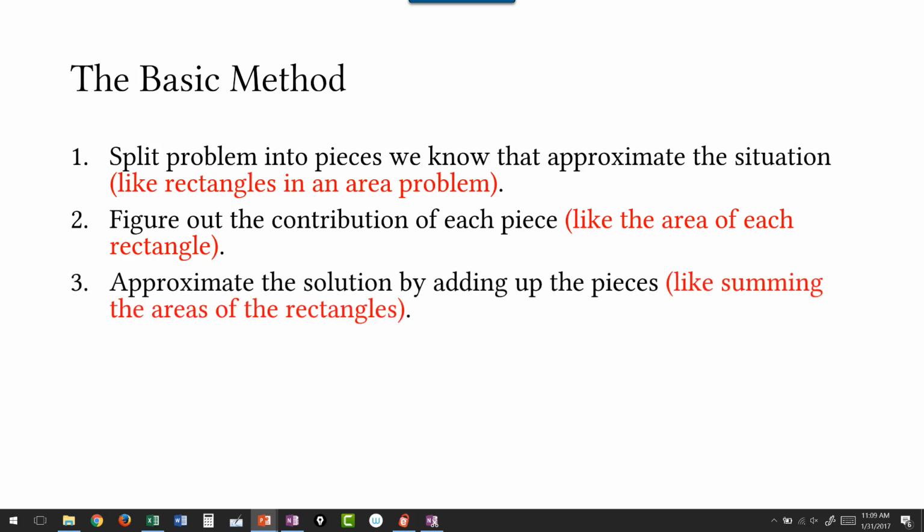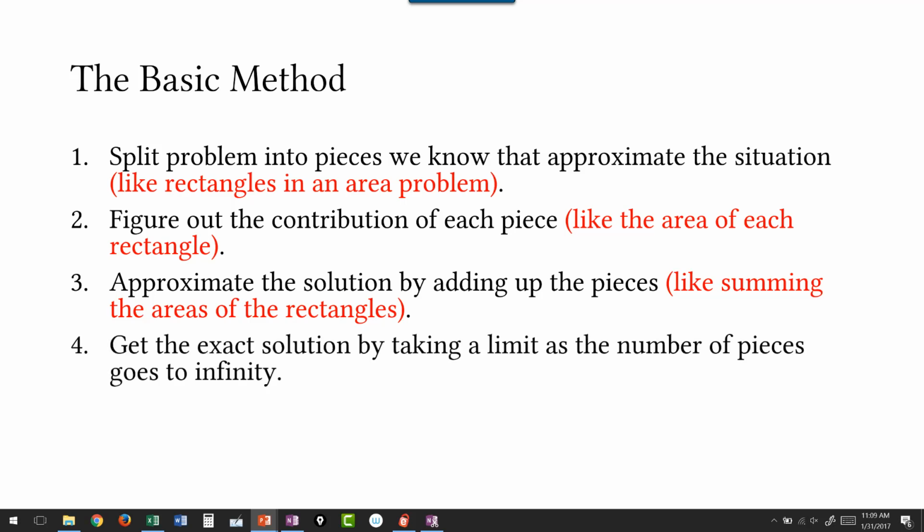Once we know how to find the contribution of each piece, like the area of each rectangle, we approximate our solution by adding up the contributions of all the pieces, just like we added up all the areas of the rectangles. Once we've done that, we know we can get an exact solution by taking a limit as the number of pieces goes to infinity, just like we took the Riemann integral to be the limit as the number of rectangles goes to infinity.